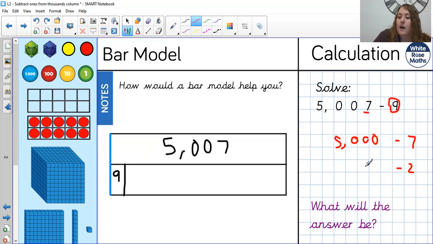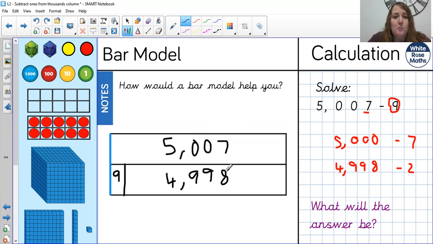And again, I'd have my 98 for my number bonds to 100. And then my 50 would go to my 49. Hopefully you're seeing some of the patterns as I'm explaining it to you. So this 4,998 would be the larger number over in this bar model.